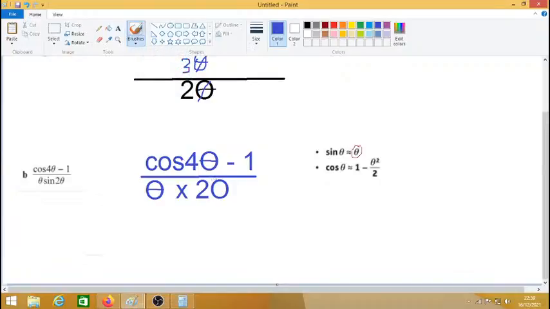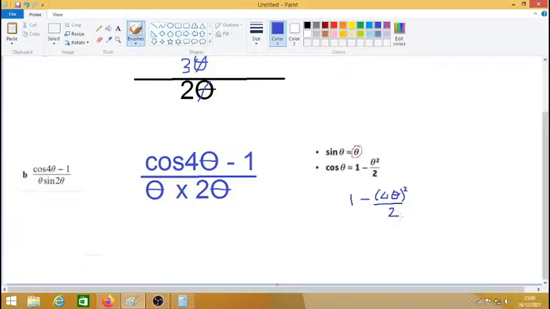The cos 4 theta is not so easy, so it's going to be 1 take away 4 theta all in brackets squared. Let me write this down. So 1 take away, in brackets, 4 theta squared over 2.